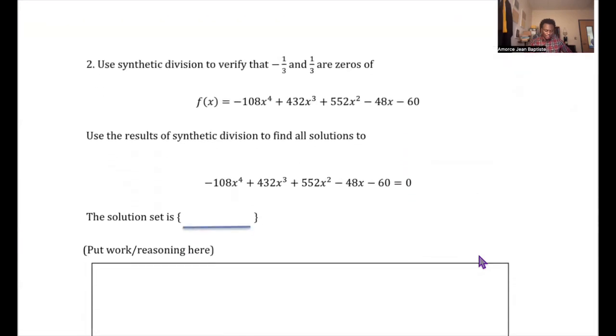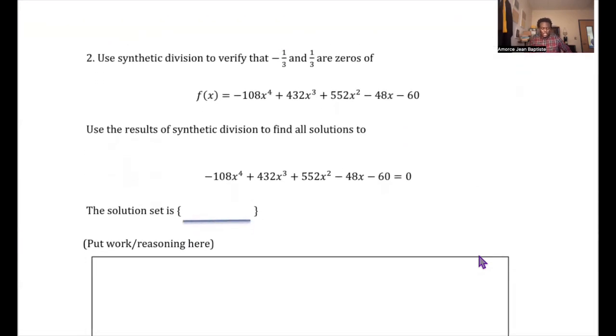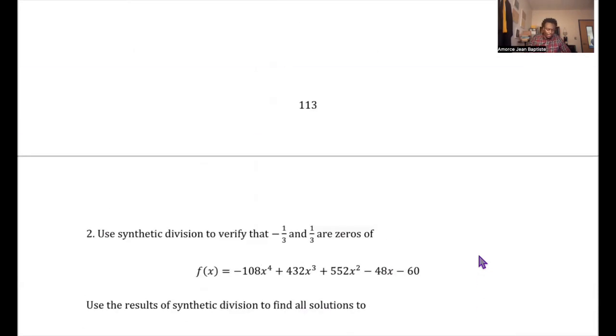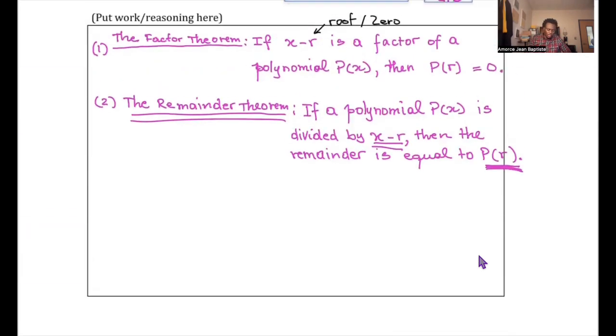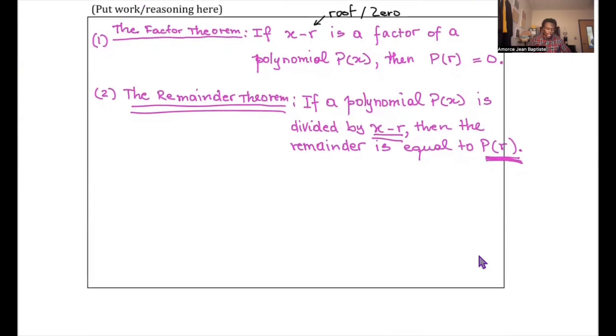Let's see the next example. In the next example, we're going to apply the theorems that we talked about, mostly the factor theorem.